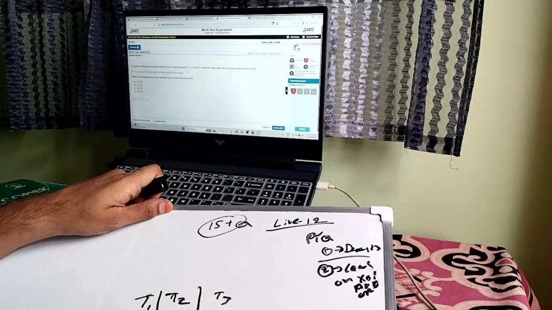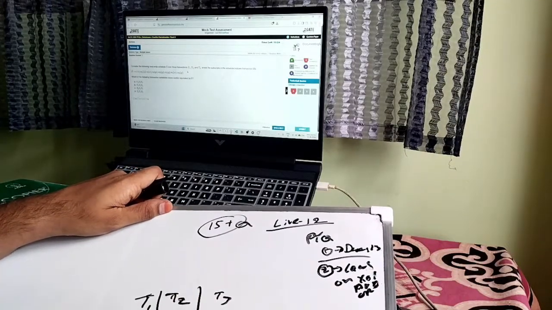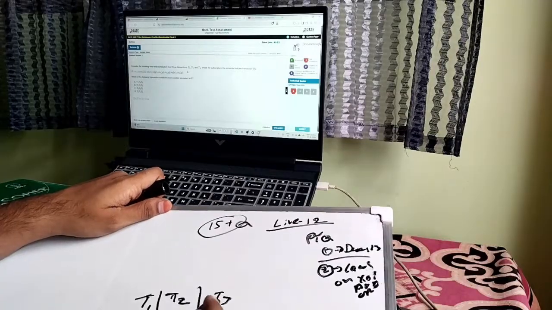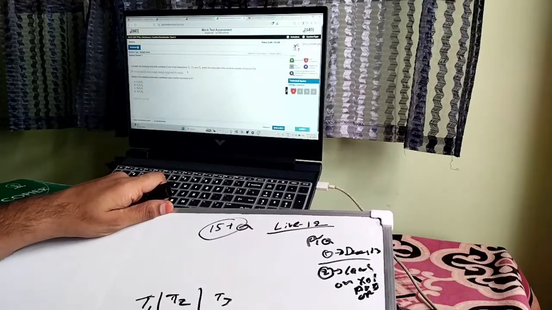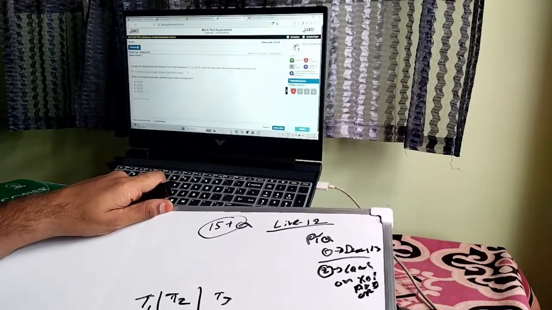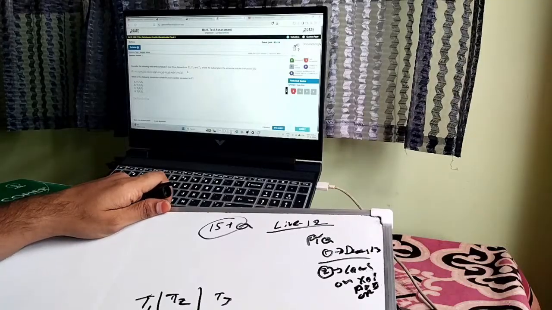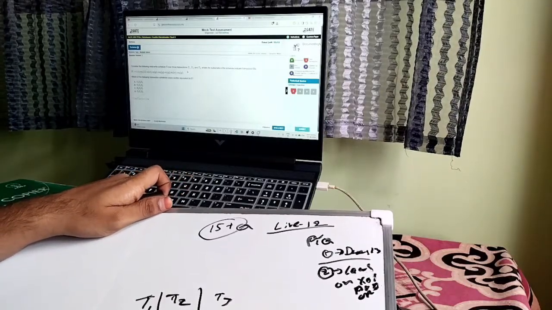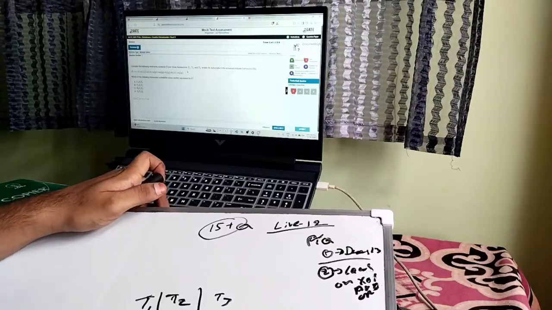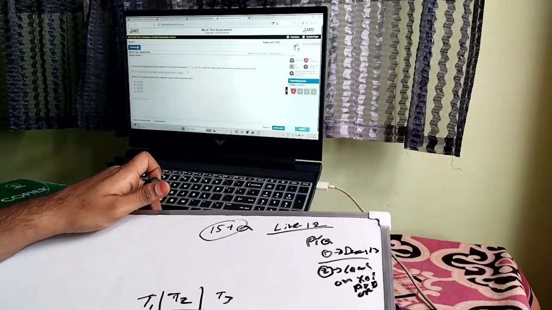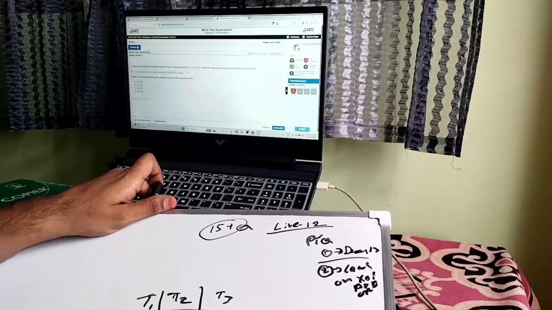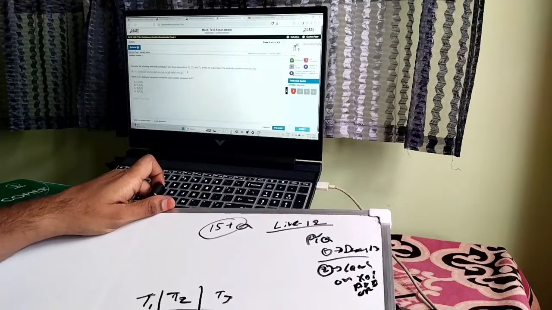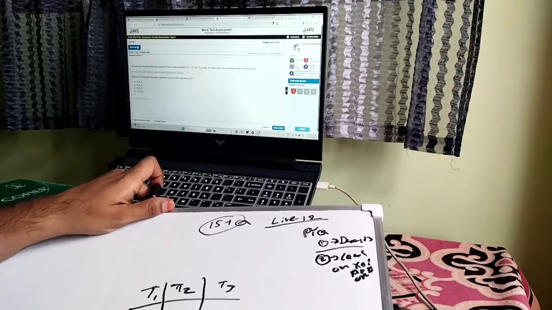Transaction one: read of X. Second one: write of X. And third one: R2 of X. And R5.